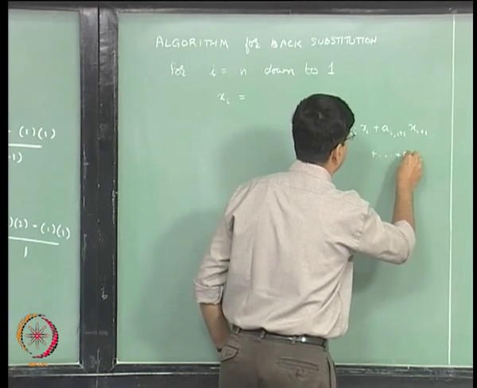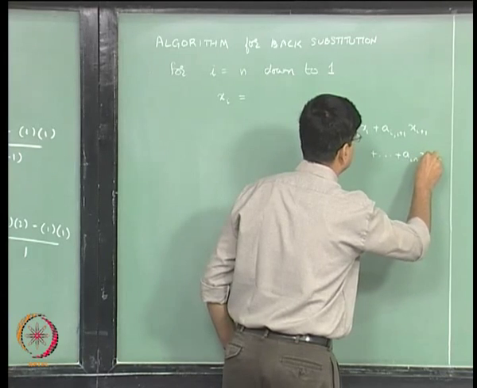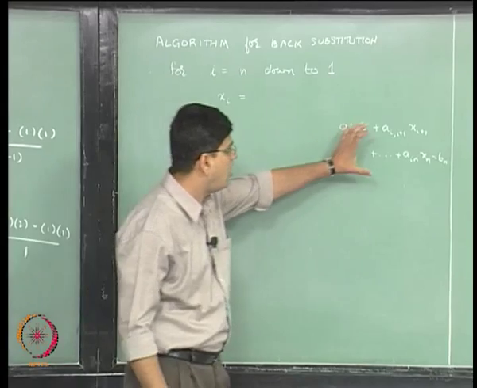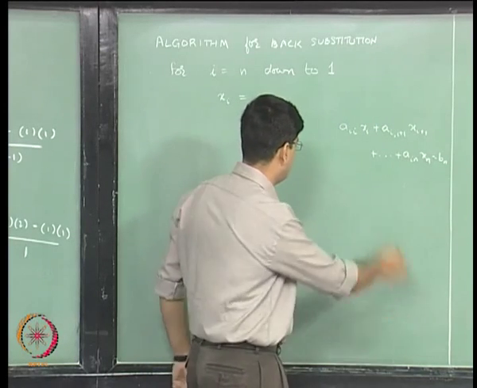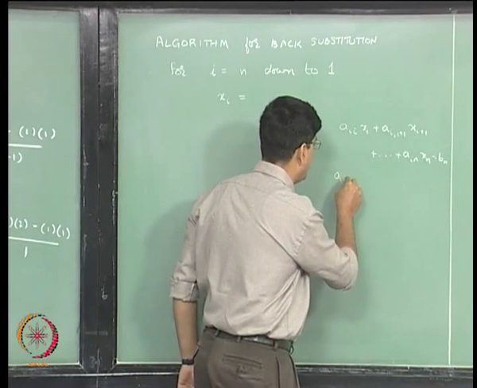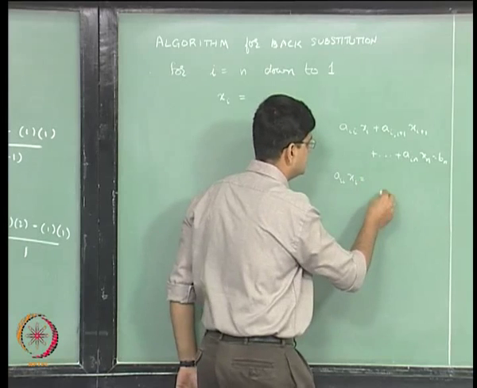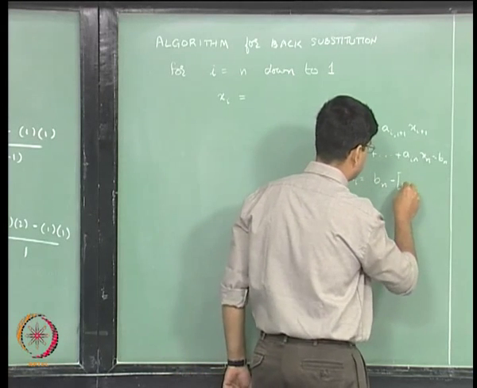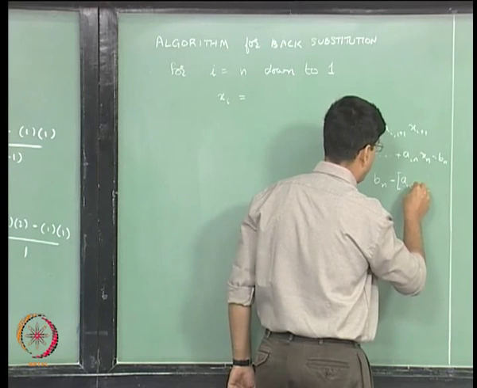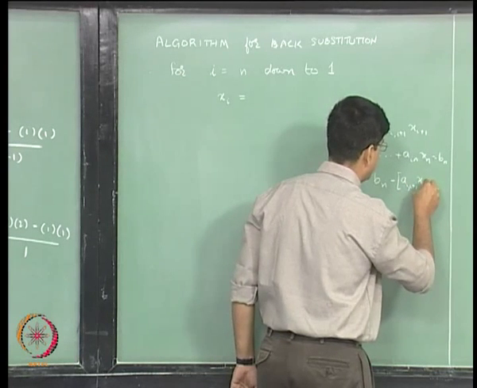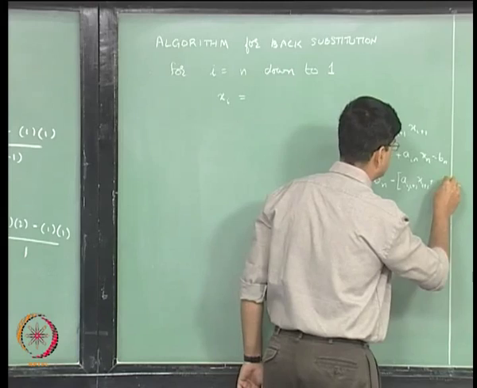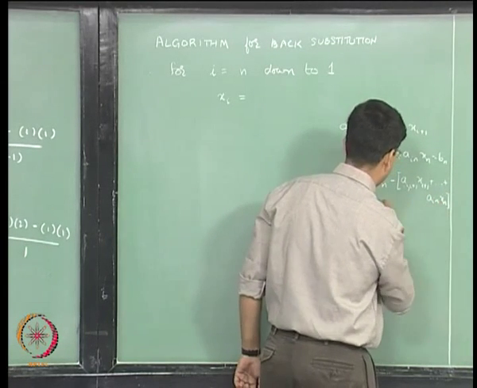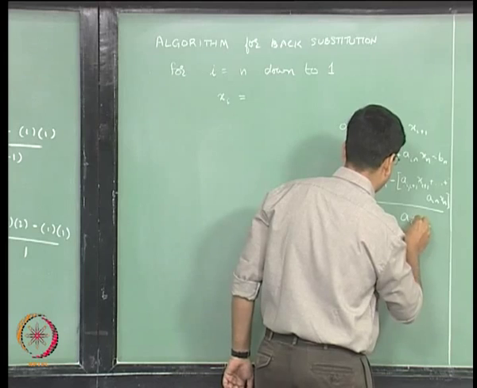a ii xi plus a i,i plus 1 x i plus 1 and so on up to a in xn equal to bi. Okay. So we take all of these to the right hand side, so we will get aii xi equal to bi minus a i,i plus 1 x i plus 1 plus so on up to a in xn, whole divided by aii.